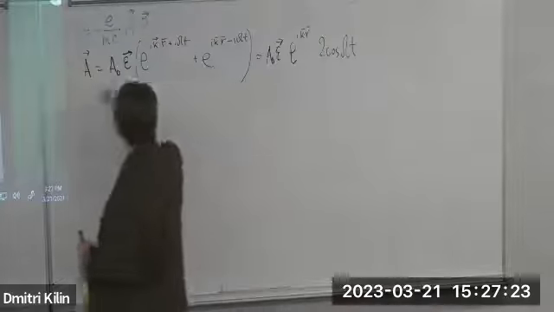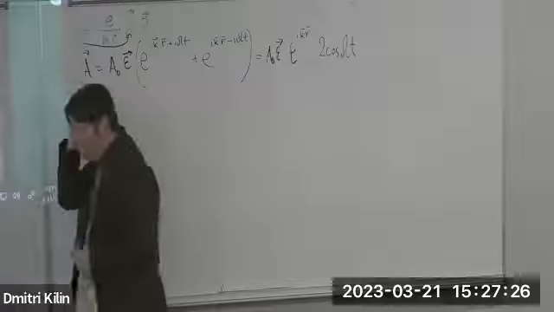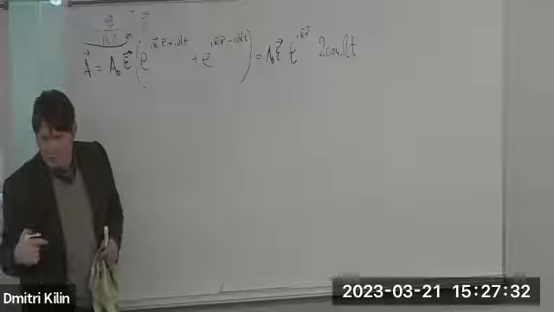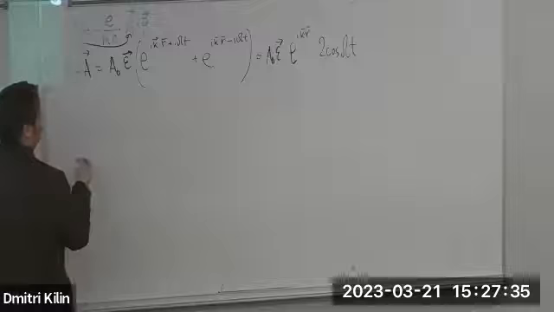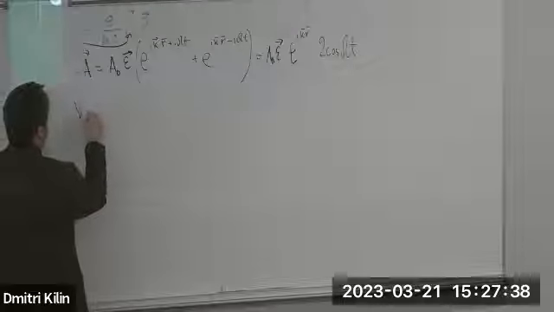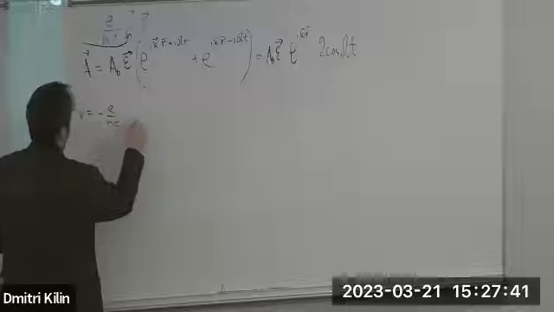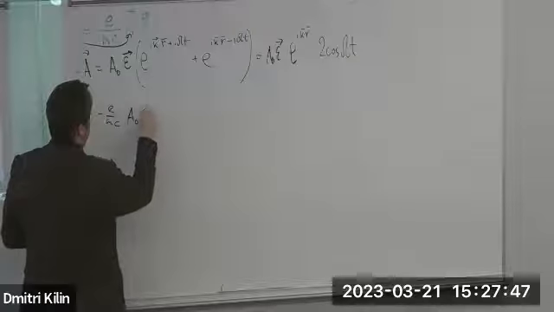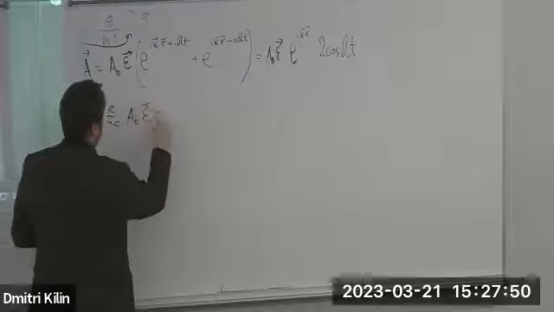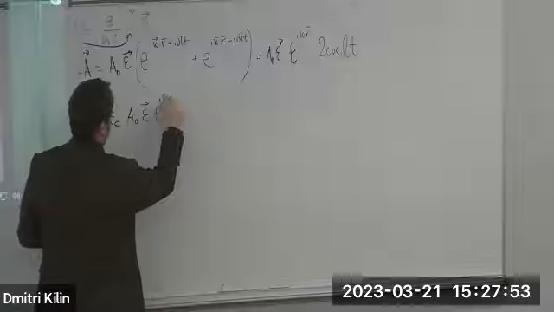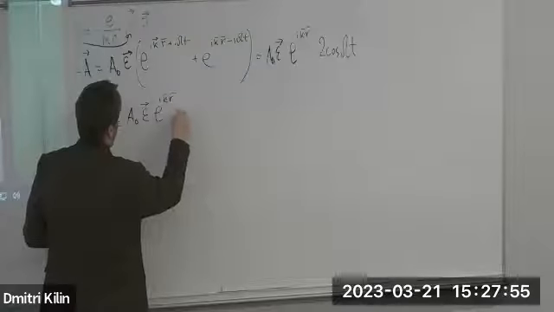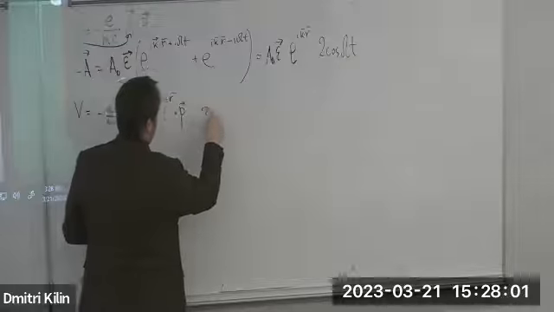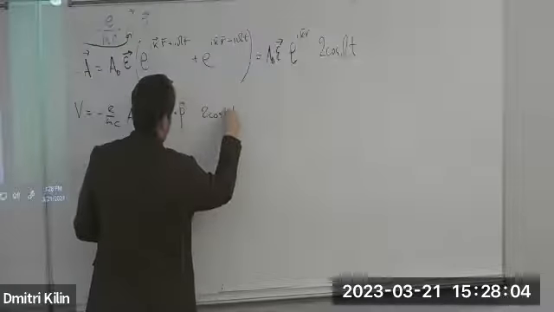Now we do plug this expression into the light to matter interaction under weak field approximation. Small field, weak field. So V equals minus e over mc, A naught, polarization, exponential i k r times p times 2 cosine omega t.